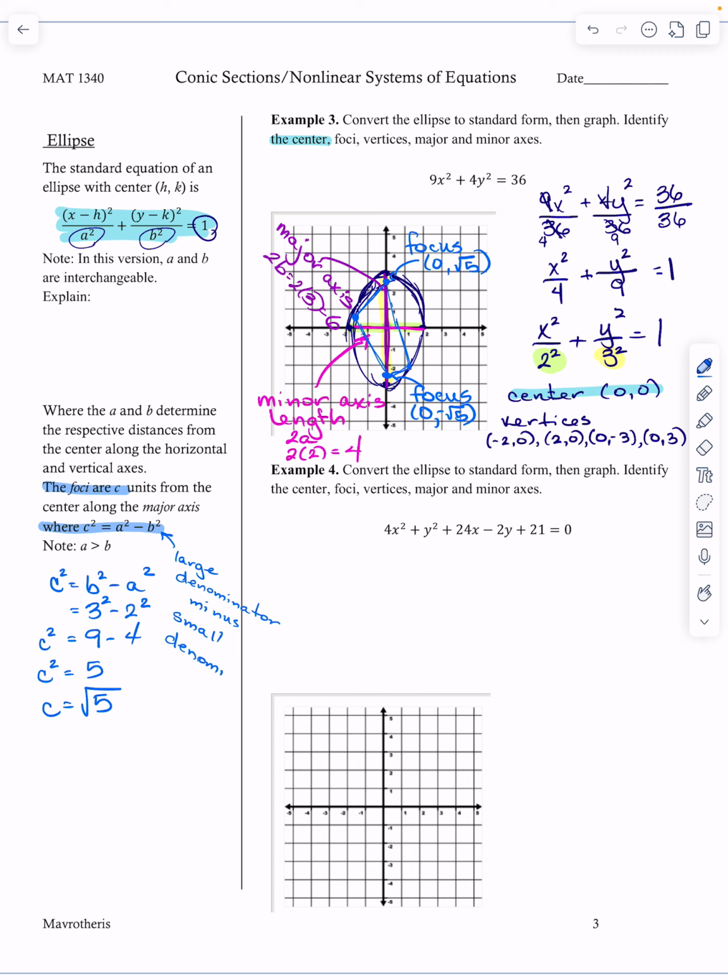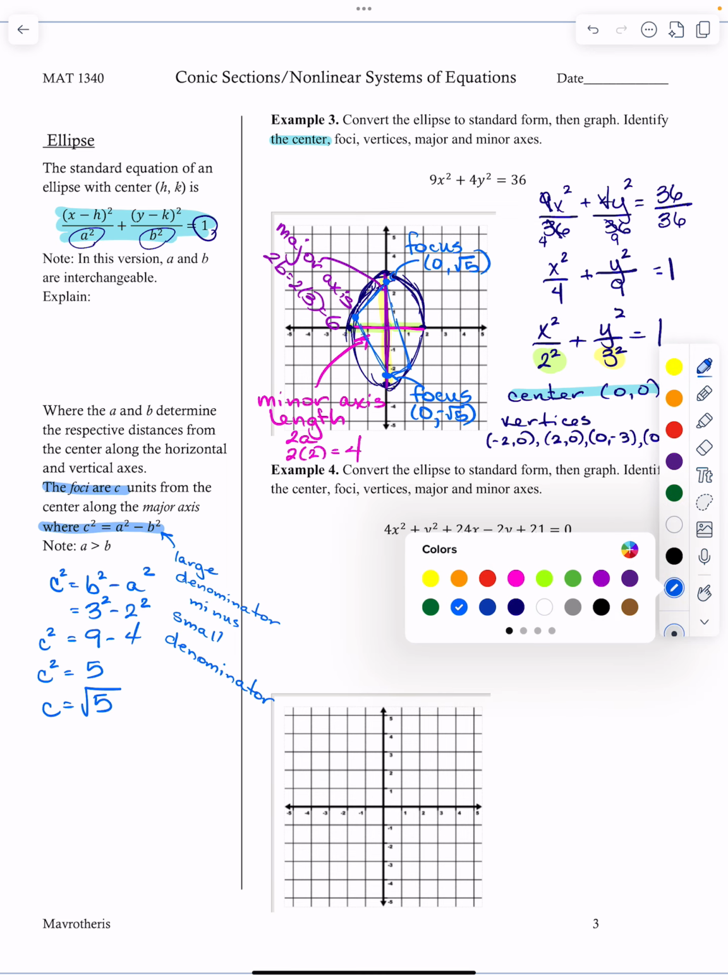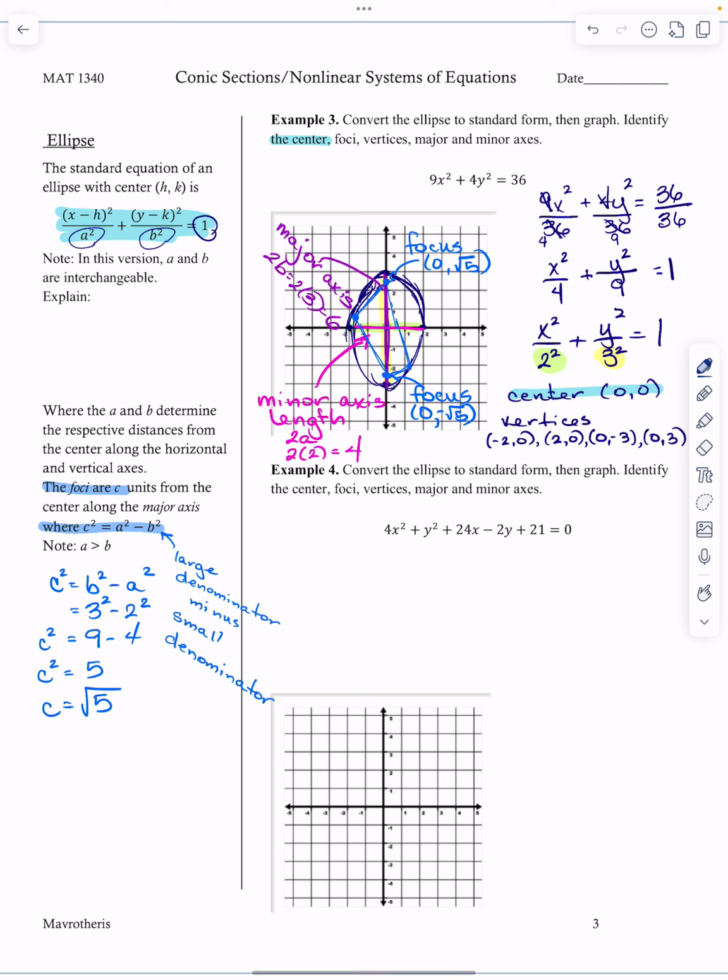So let's go ahead and take a look at this second example. Notice, just like with the circle example we did before, this is with everything multiplied together and spread out. So I am going to start, again, by grouping my x's, grouping my y's, and moving that constant to the other side.